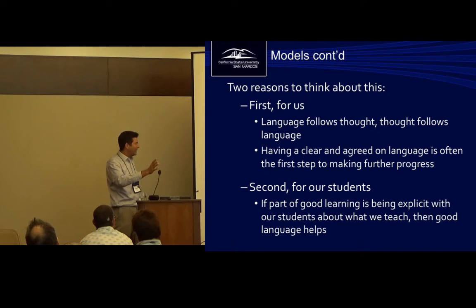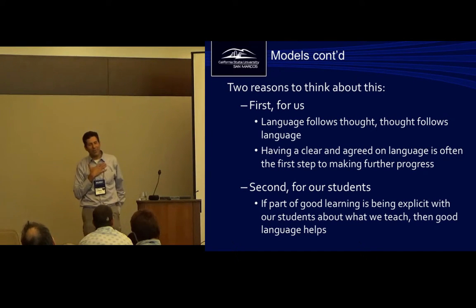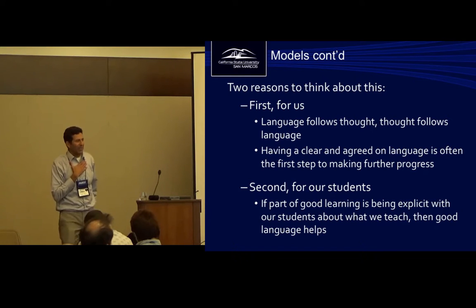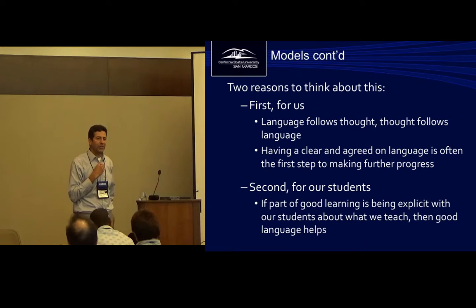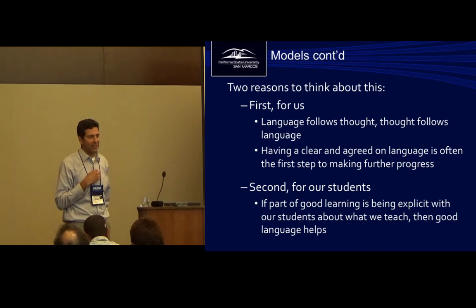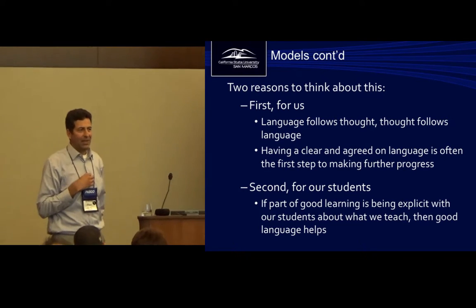Okay. But second, and this is kind of important for me, is for our students. Because here's the deal. I think that all of us know that a good instructor is explicit with the students about what they're doing and what their expectations are. And the only way to really be explicit is to have a language that you can communicate to them about what they're doing. So I'll tell you, we're going to learn some models.